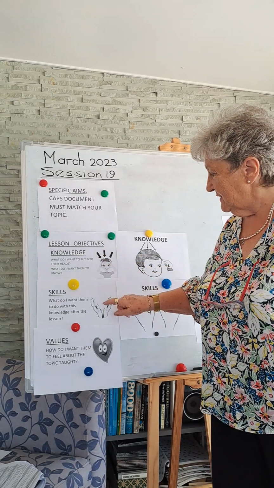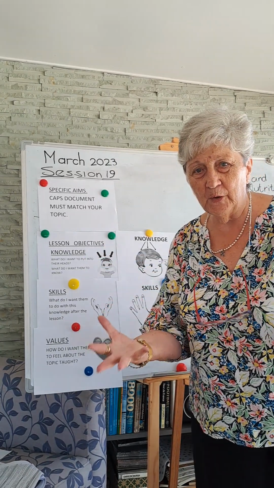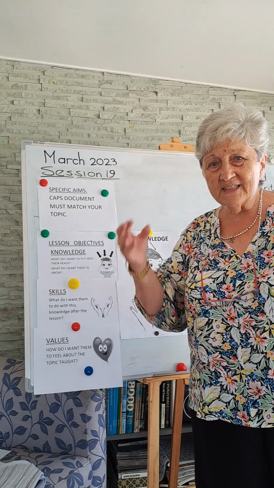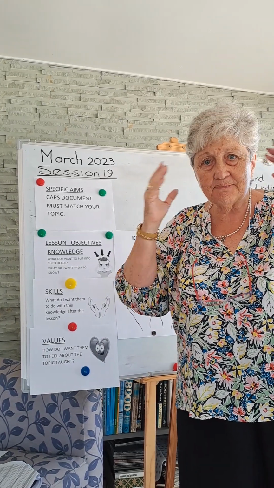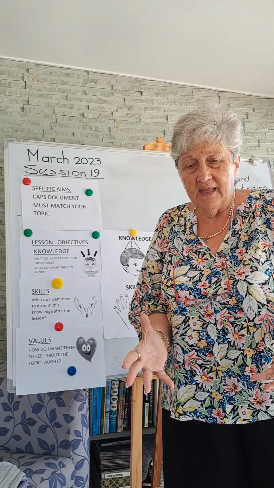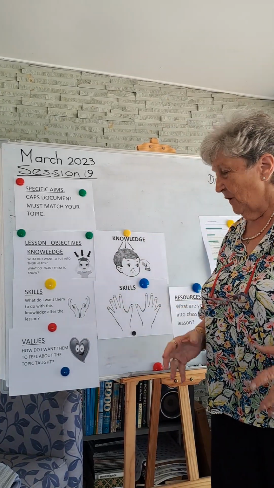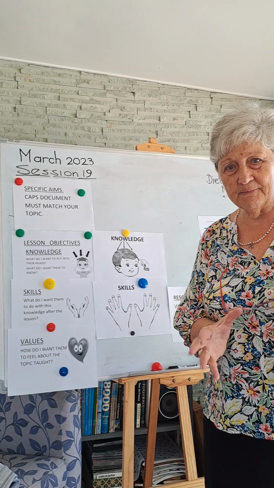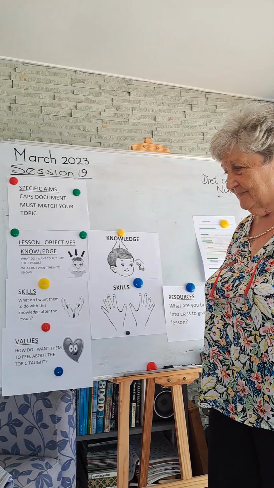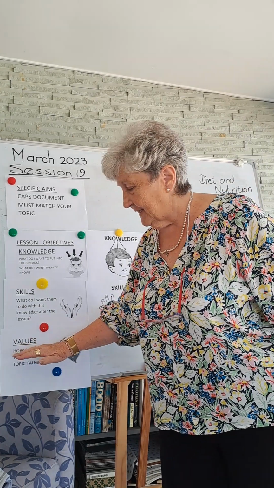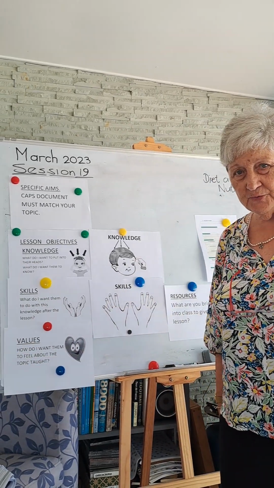What do I want the children to do with that knowledge? Once it's in their heads, it mustn't just stay there. It must be useful. So what skills do I want them to have once I'm finished this lesson? And the third one is values.